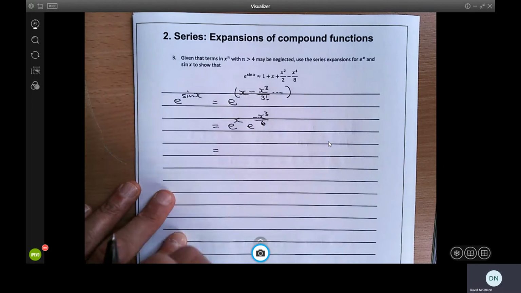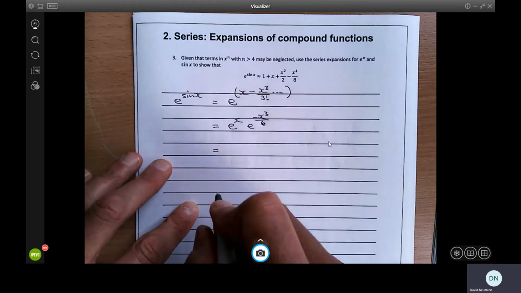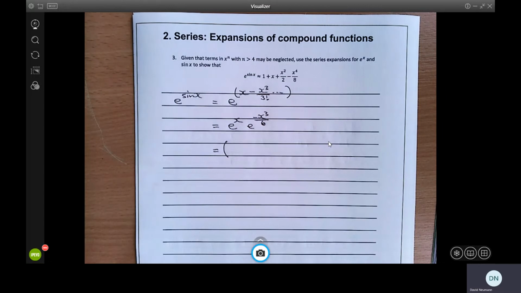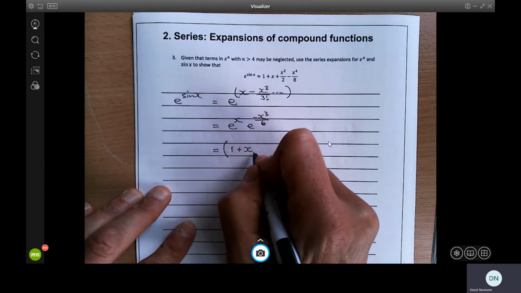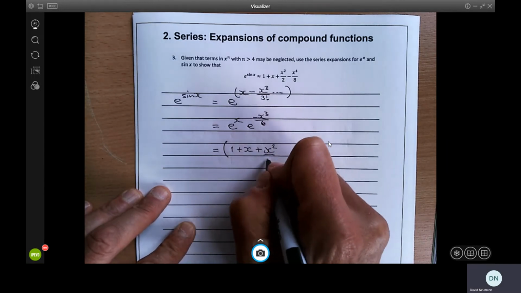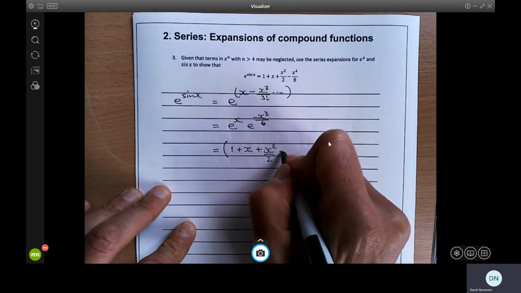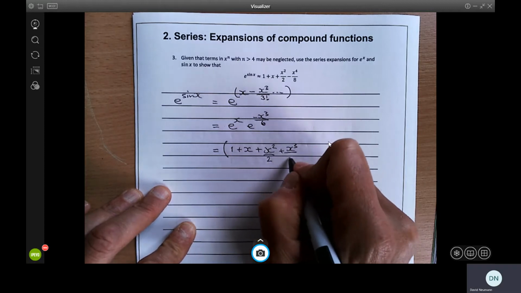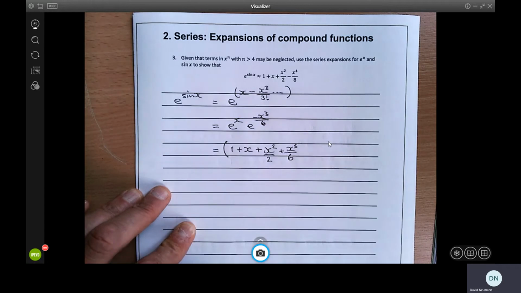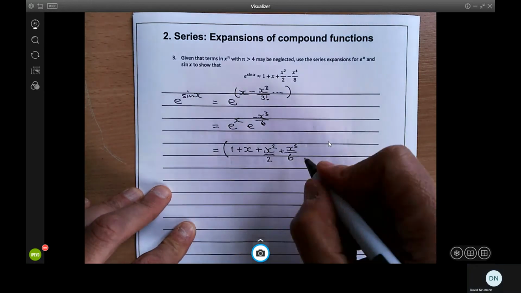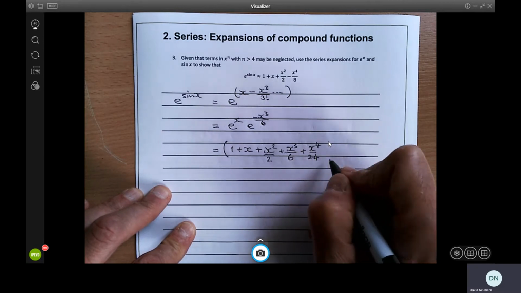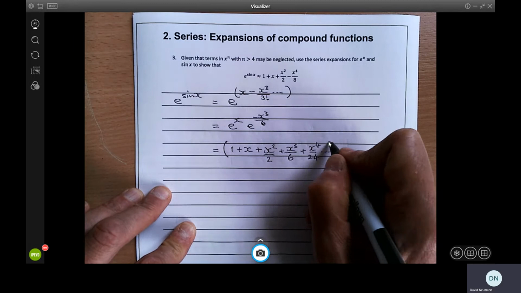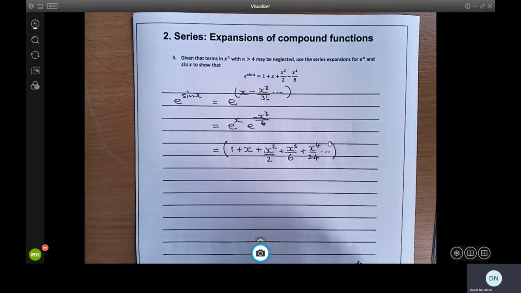So we can say that this is the expansion of e to the x, which is 1 plus x plus x squared over 2 plus x cubed over 6, 3 factorial, which is 6, plus x to the power of 4 over 24, that's 4 factorial. Now we don't need to go further than that, as it turns out.